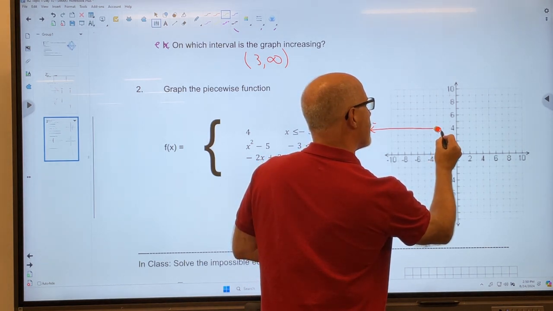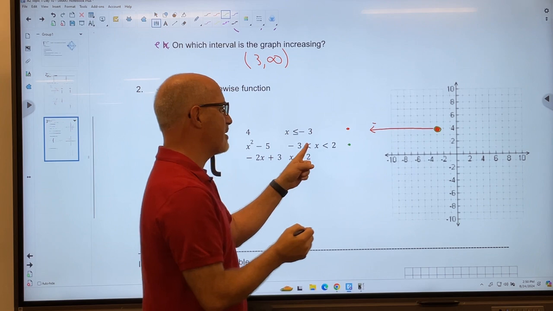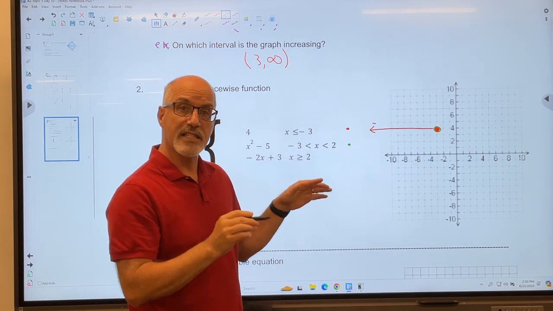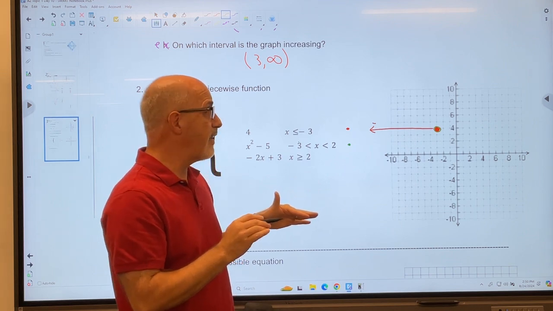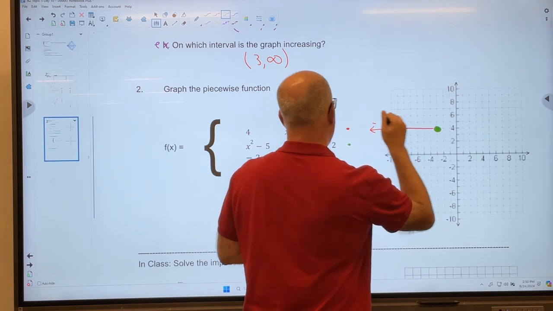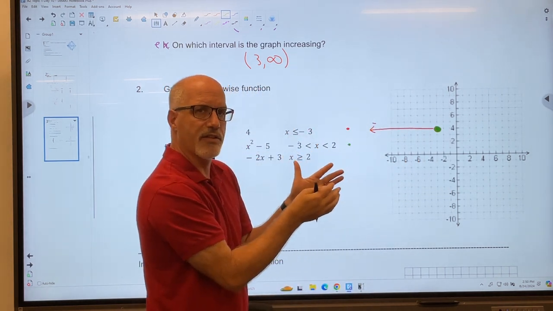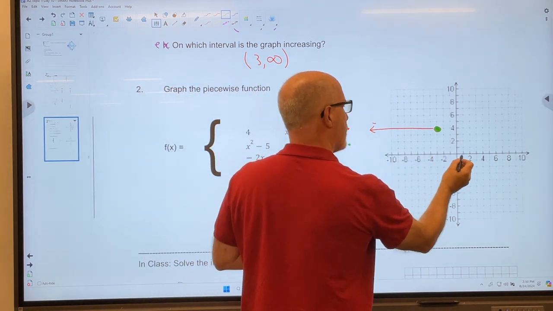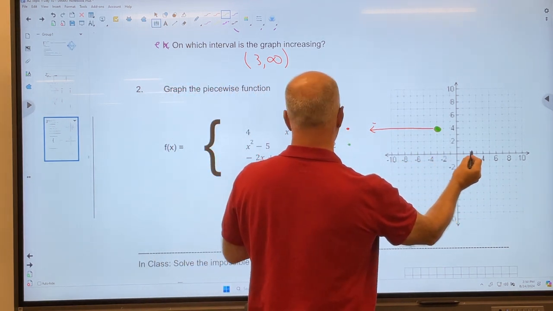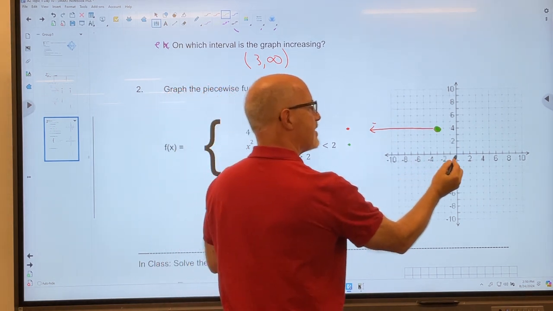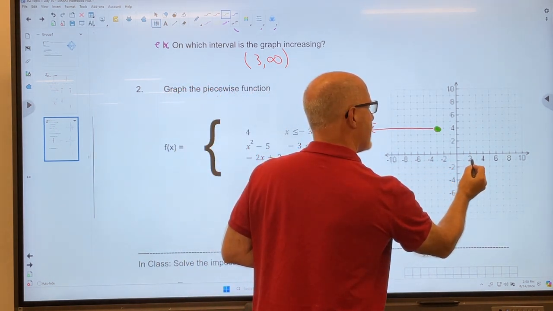I typically would put an open dot there because it doesn't include it, but this one already filled it in. That's an interesting little fact on this one, that it's been filled in by the other piece, so I'm going to keep it filled in. For the other endpoint, 2, I put in 2 squared is 4, minus 5 is -1, so I'm going to have the point (2, -1).